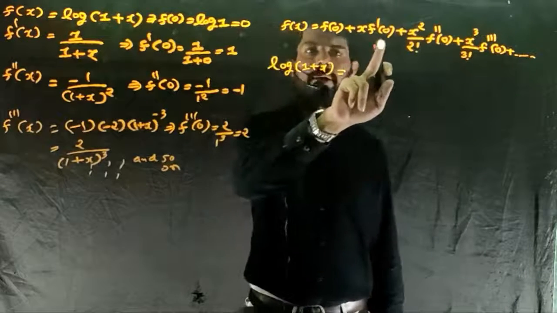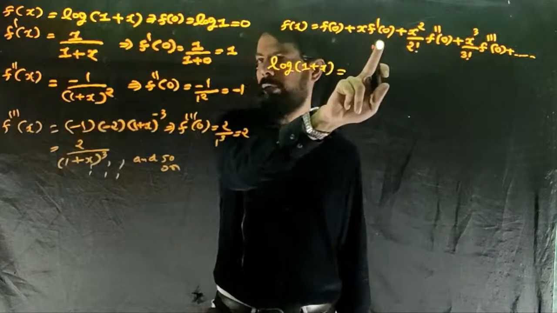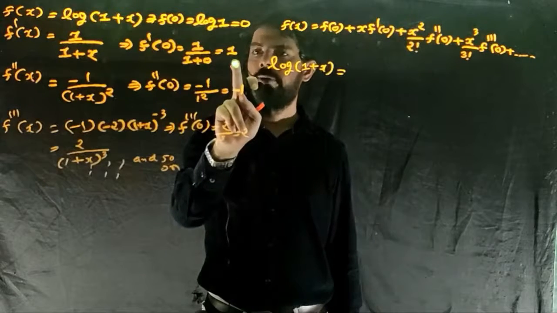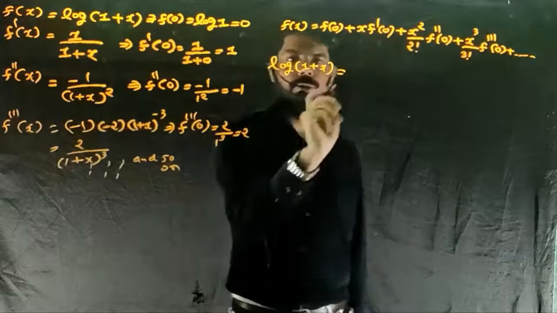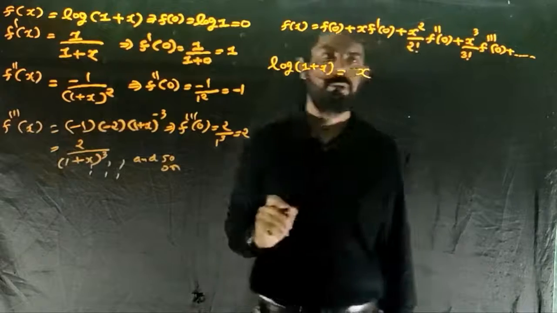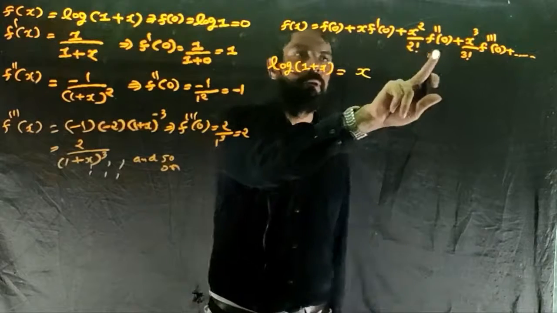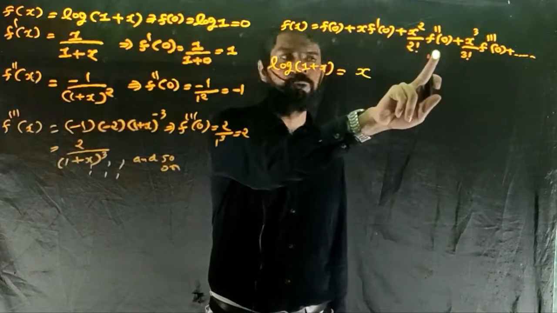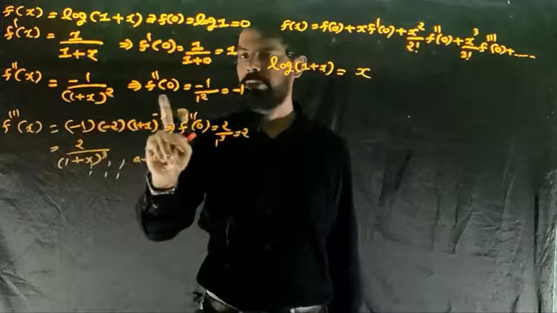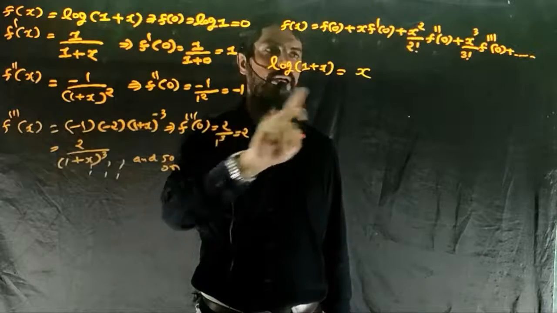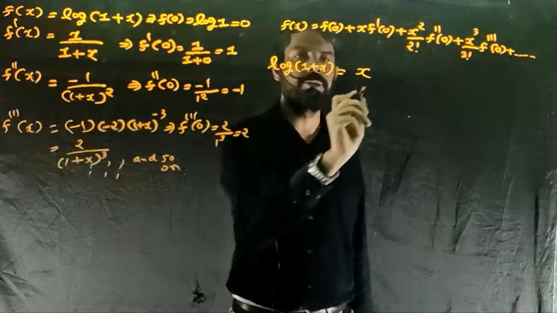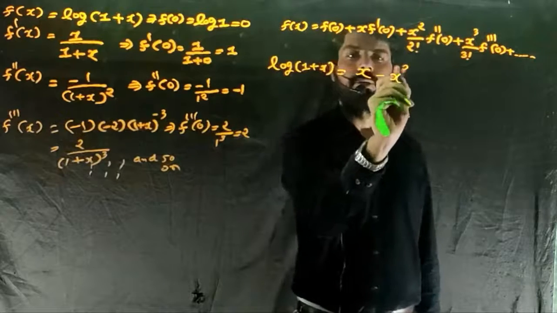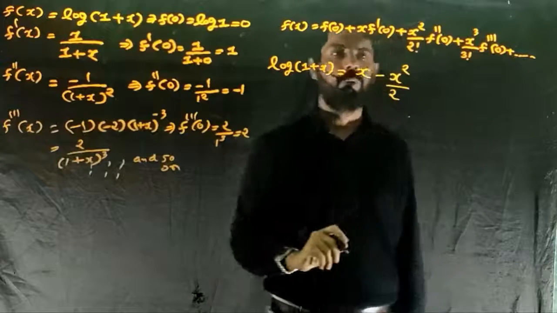Then next term is f dash 0. Here value of f dash 0 is 1, so x into 1 will be x. So here we will write down x. Then next is value of f double dash 0, which is minus 1, and here x square by 2 factorial into minus 1 will be minus x square by 2.